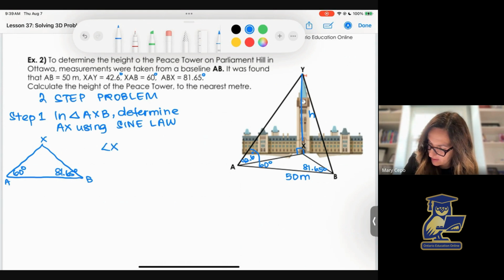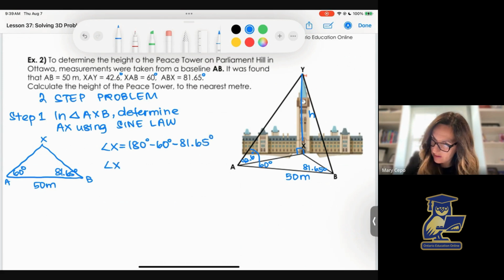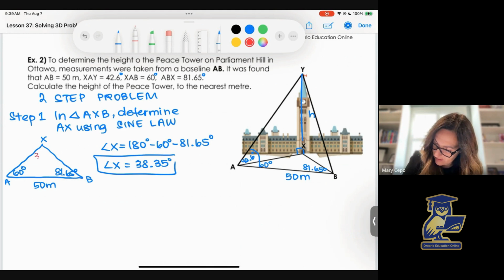So angle X is equal to 180 minus 60 minus 81.65 degrees. So angle X is equal to 38.35 degrees. Okay, so I'm going to put that here.